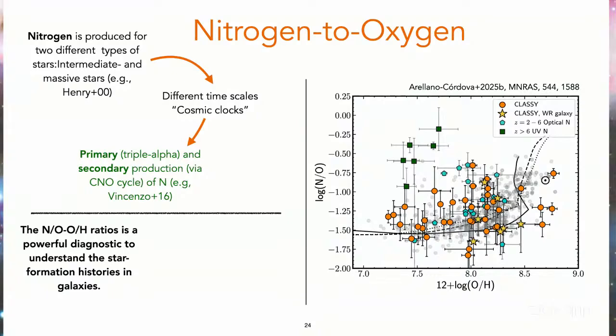I will not speak too much about carbon, but we can think that it's a little bit similar to this. At low metallicity, where we can generate carbon or nitrogen, we have this flattening, and then at higher metallicity we have the contribution from AGB stars.